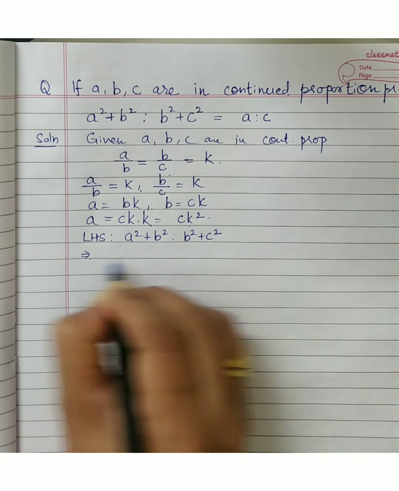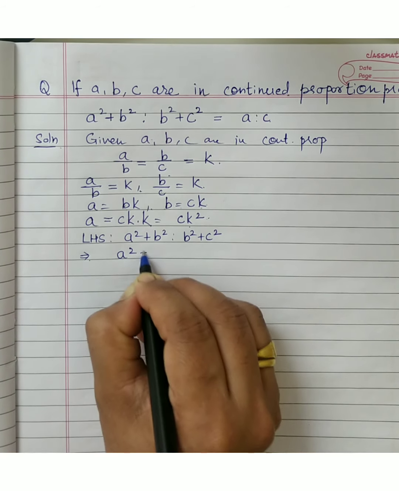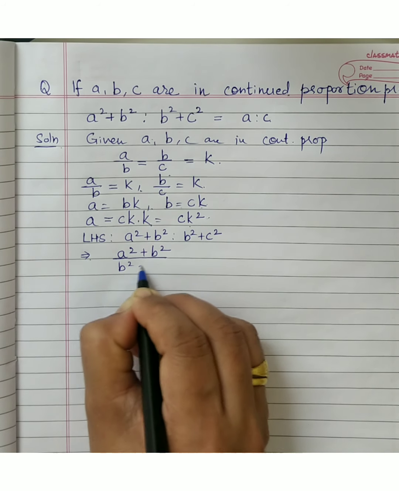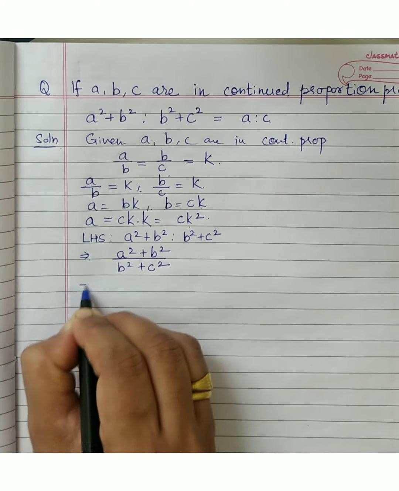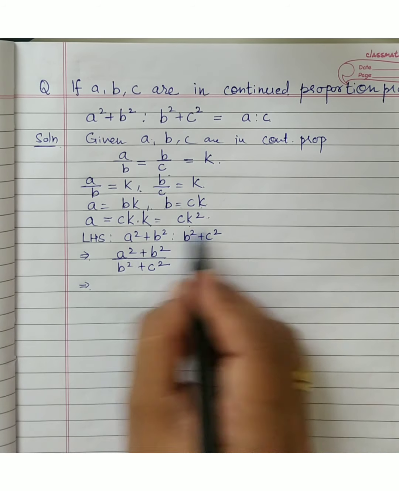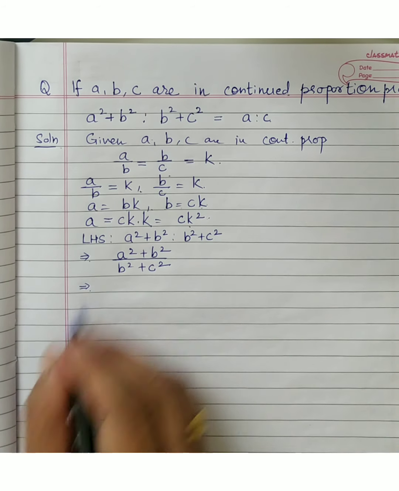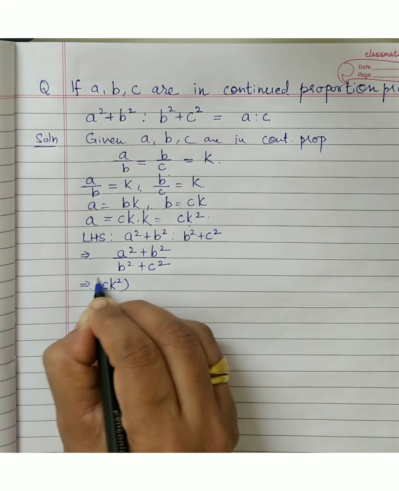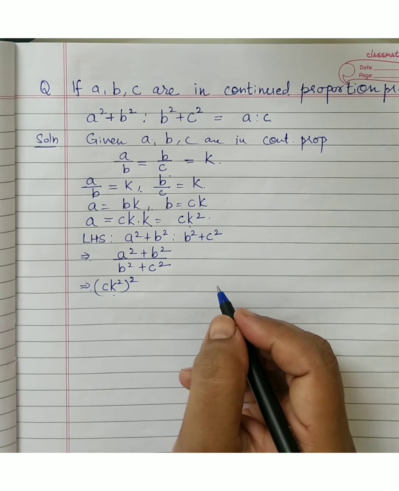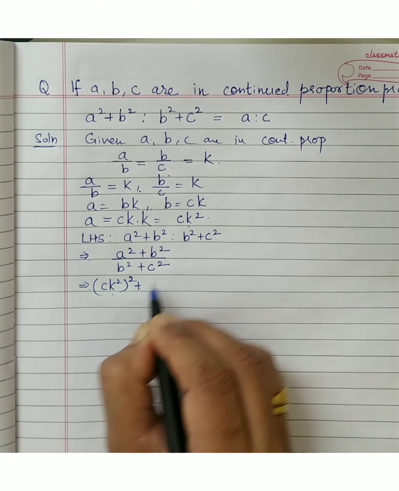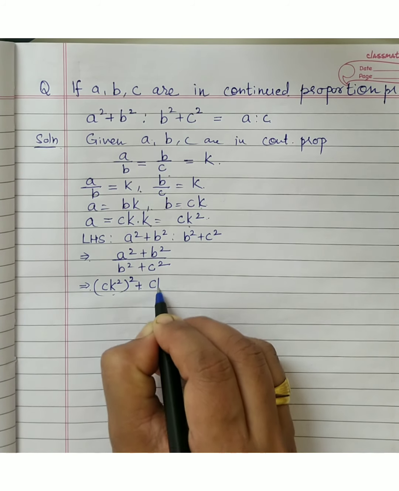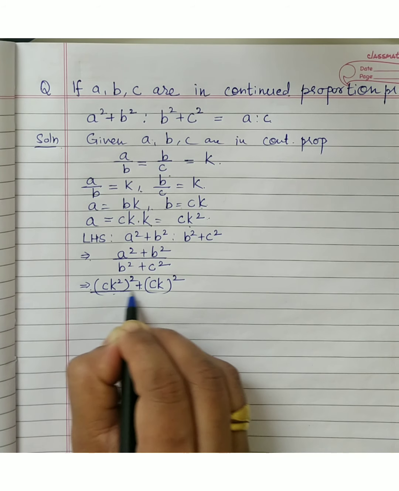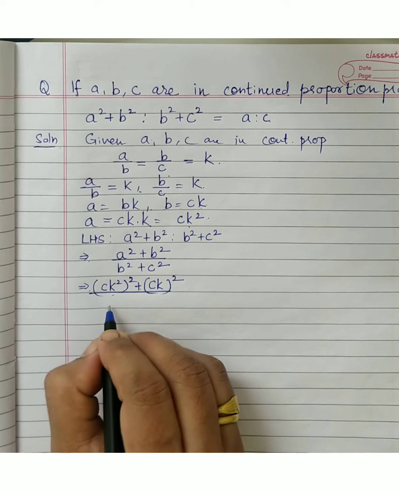So for our convenience, how will I write? a square plus b square upon b square plus c square. Now substitute what you are putting. A is equal to ck square and b is equal to ck. So a is ck square and in the question again it is squared, plus b square is what? CK, the whole square, upon again b square is what?